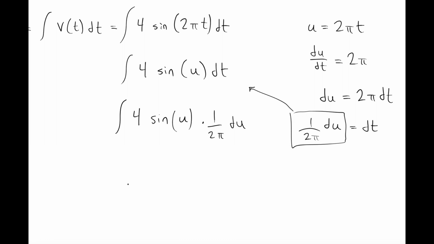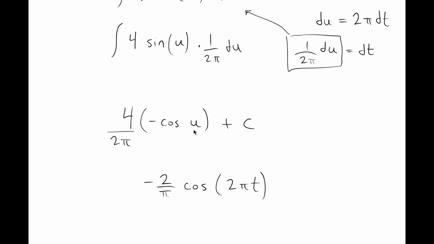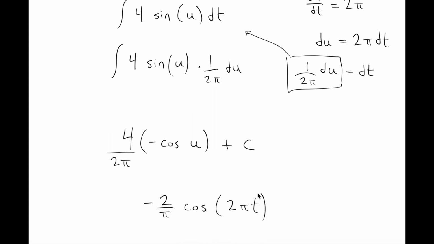Okay, now we can make this 4 times the antiderivative of sine, which is negative cosine. And we'll get that. So we'll have negative 2 over pi times cosine. We could get rid of the u and plug the 2 pi t back in.